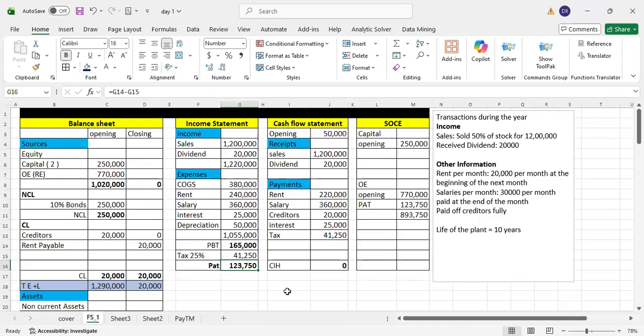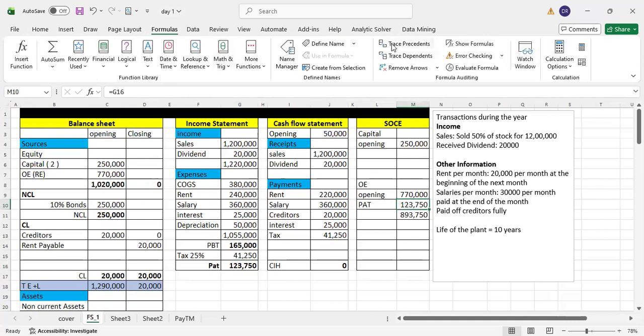And this profit after tax, as per the reporting purposes, we need to show in the statement of changes in equity. The statement of changes in equity will show opening capital, opening other equity, and other equity plus the current profit will show the closing other equity, and the closing other equity is transferred to the balance sheet.